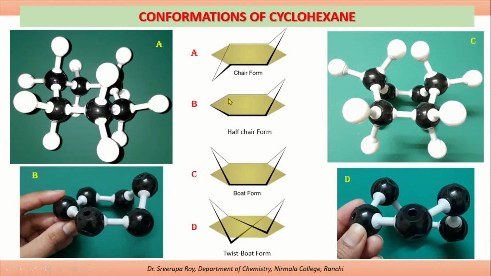For the chair form, this one for the half chair form, this for the boat form, and this one for the twist boat form. I recommend you pause the video and practice drawing these structures in your notebooks. Practice them as much as possible until you become thorough.